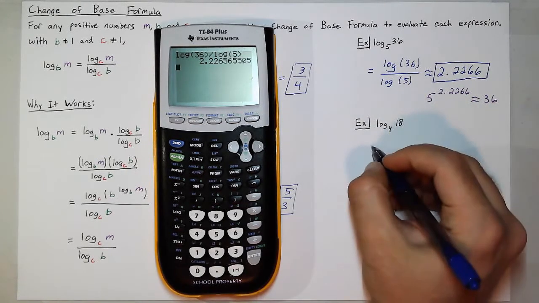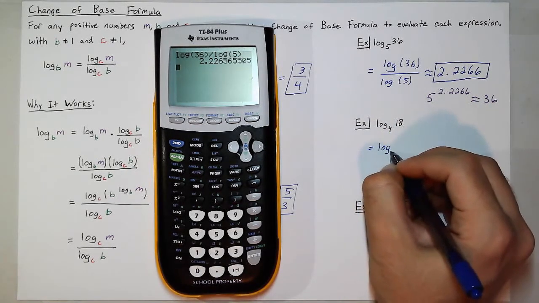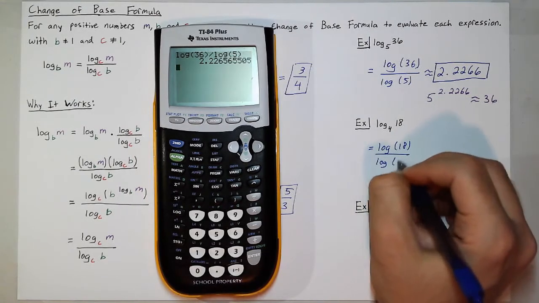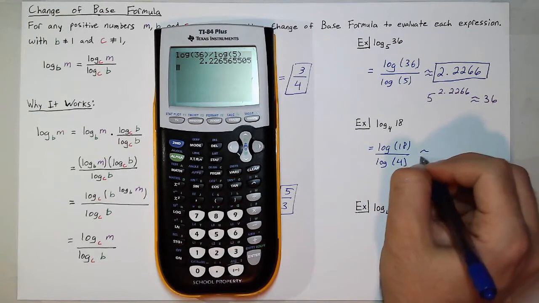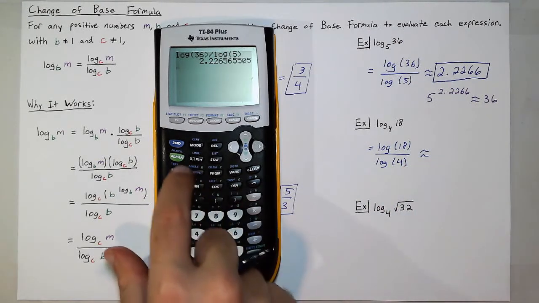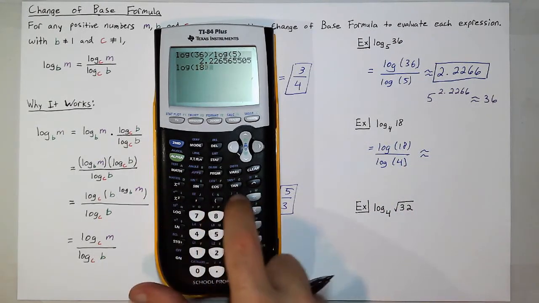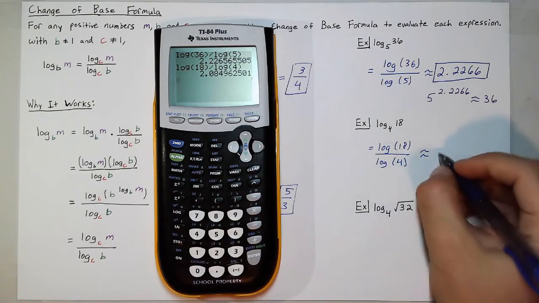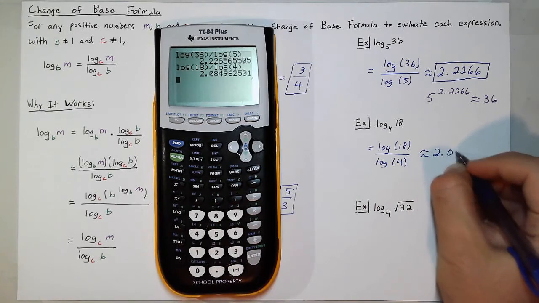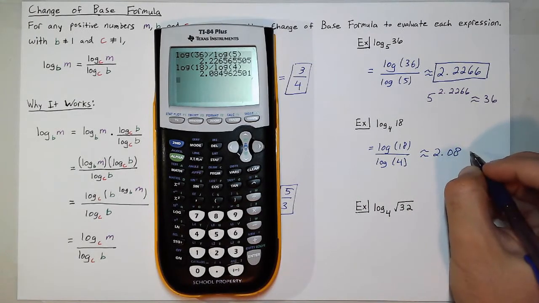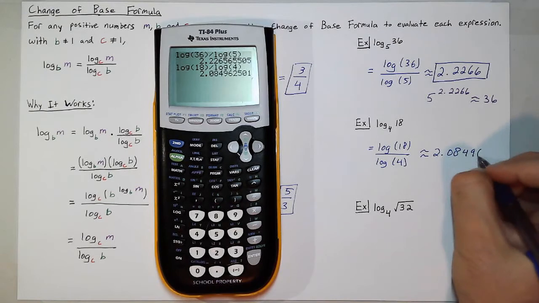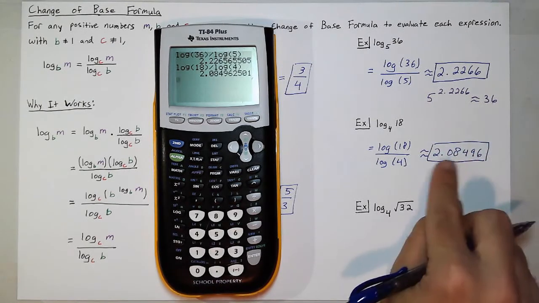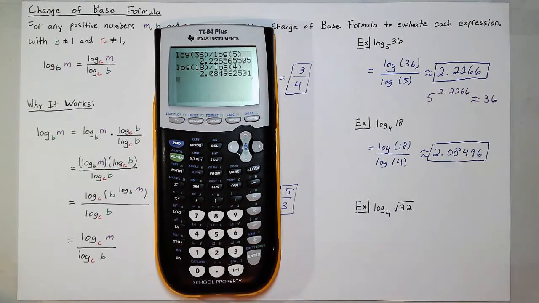So if I rewrite this as log of 18 divided by log of 4, I get the decimal 2.08496.